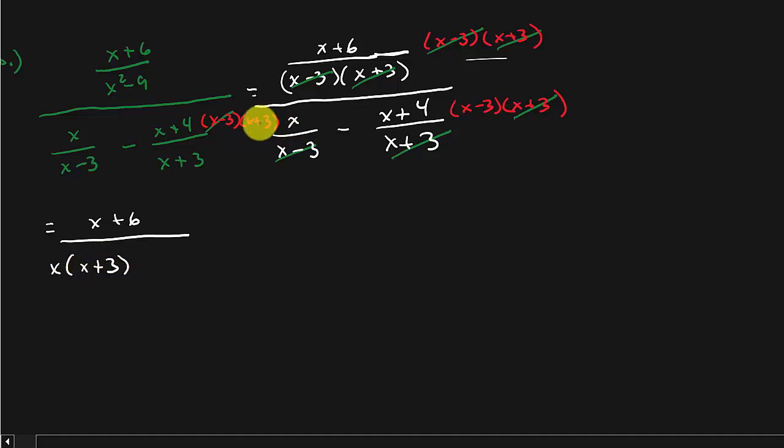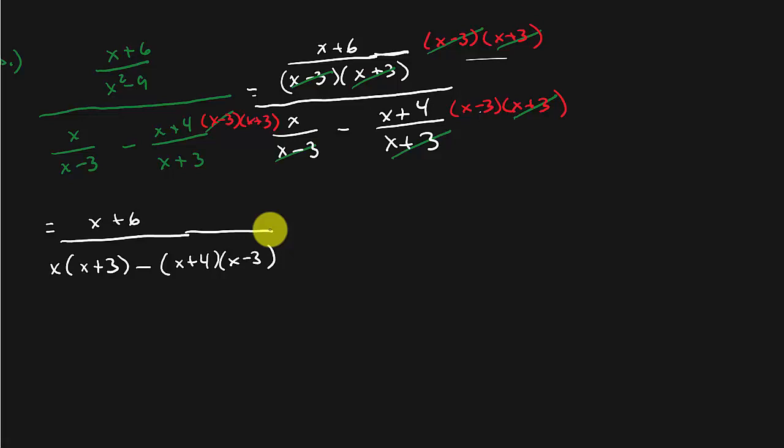See, x times x plus 3 minus, and then I got x plus 4 times x minus 3. And you can see once we multiply each term by the common denominator, it's easy.